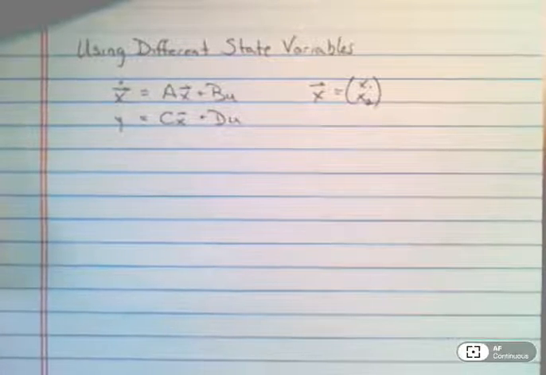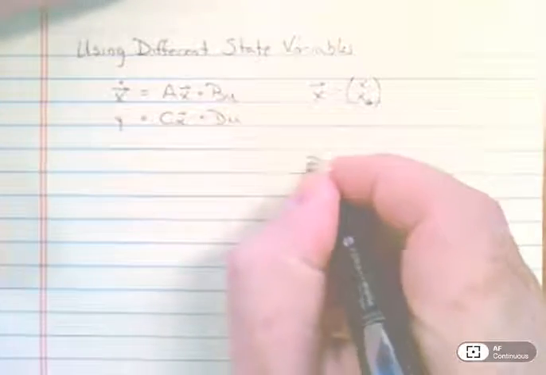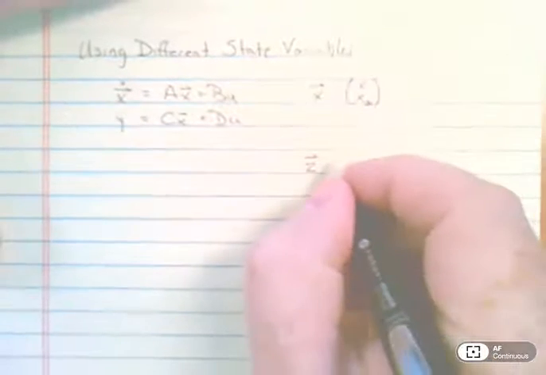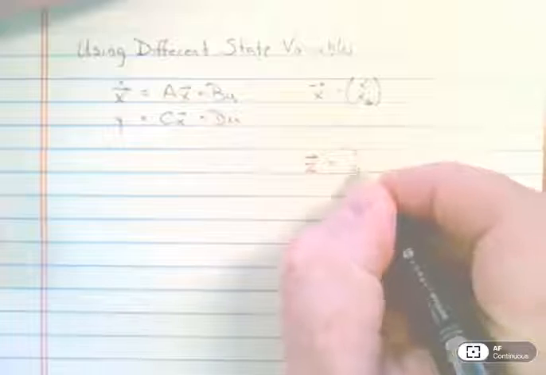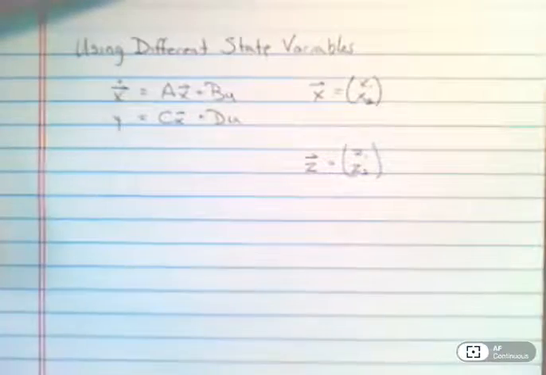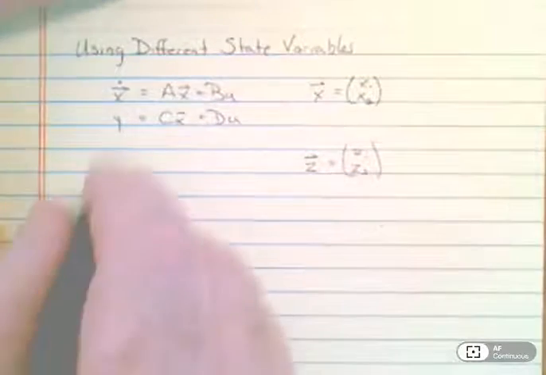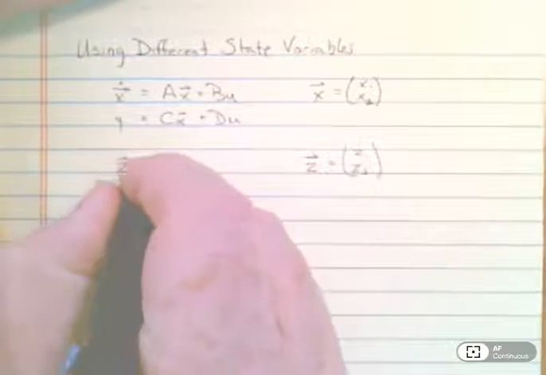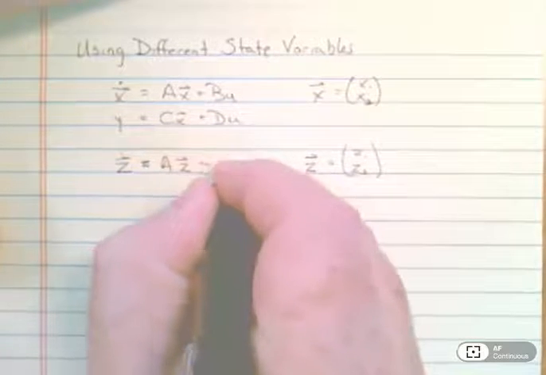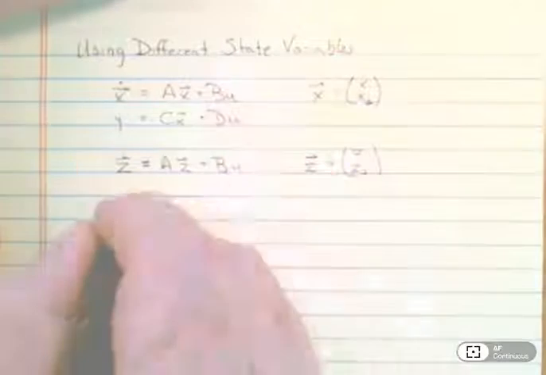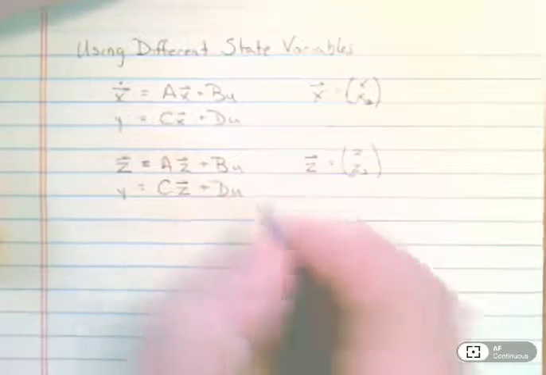You, on the other hand, have come up with a different description of the system. You've decided to use a completely different state vector, two different state variables, z1 and z2, and you're going to pack that into the state vector z, and your set of state equations is going to be z the vector dot equals A z plus Bu, and y equals C z plus Du.